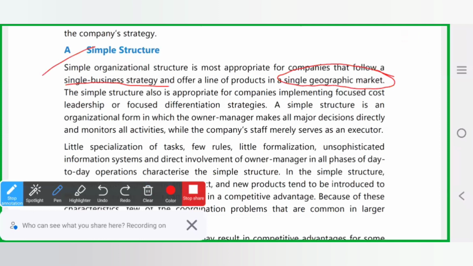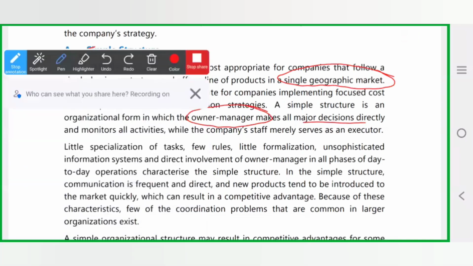Here a company has an owner manager who makes all major decisions. Little specialization of task, few rules and little formalization, unsophisticated information system and direct involvement of the owner manager in all phases of day-to-day operations are characteristics of simple structure.